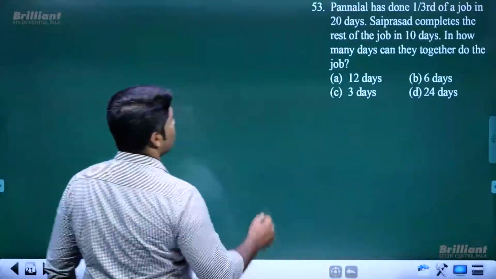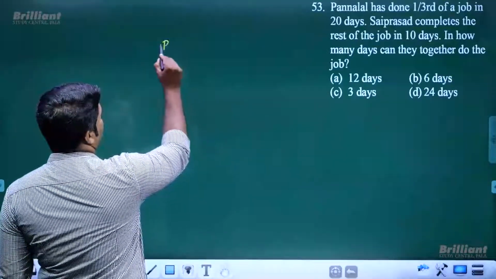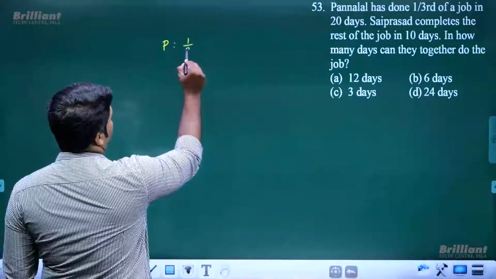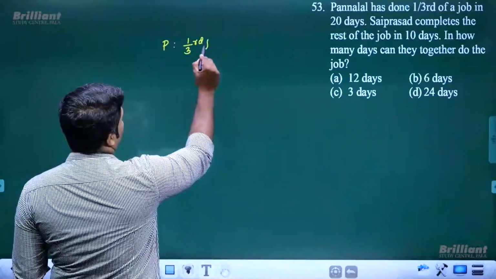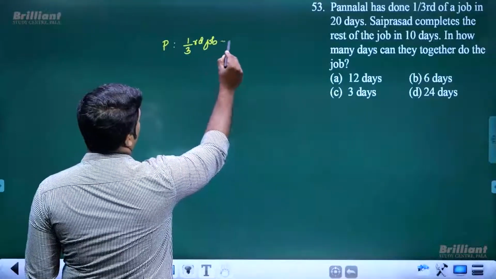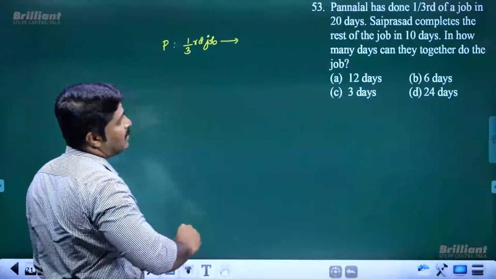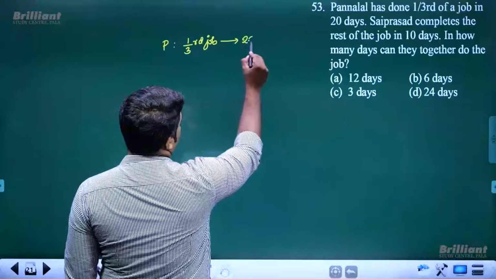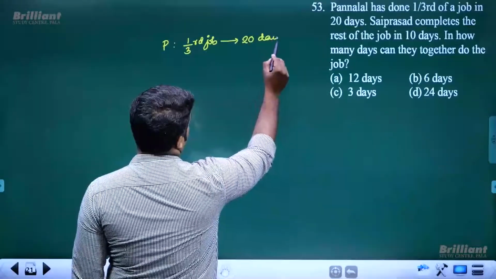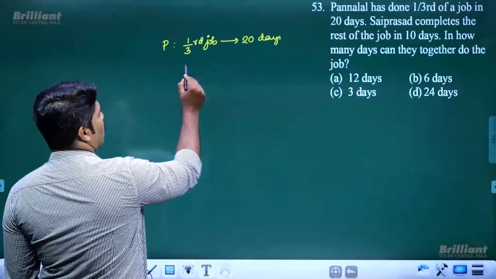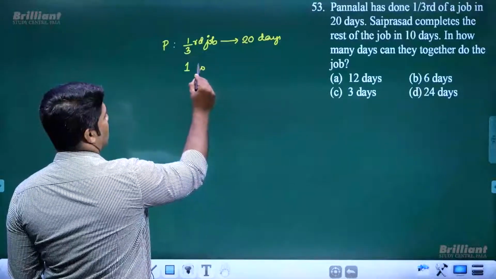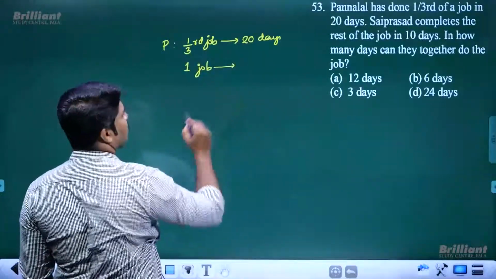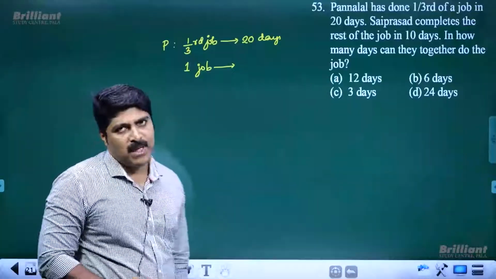Here, for Panalal, 1/3 of the job, he required how many days? It is given that 20 days. So then for one full job, how many days does he require? It's a very simple approach.